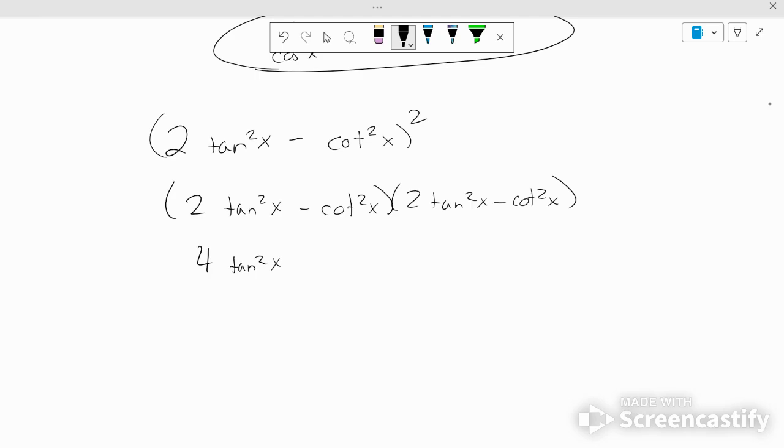Outers is negative 2 tangent squared of x cotangent squared of x, minus 2 tangent squared of x cotangent squared of x, plus. I screwed up on the first one, didn't I? What's 2 tangent squared of x times 2 tangent squared of x? Tangent to the fourth of x.